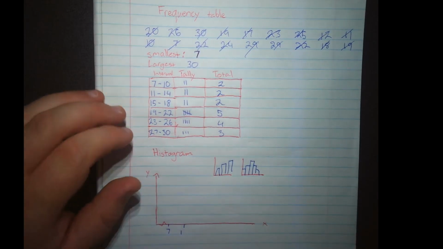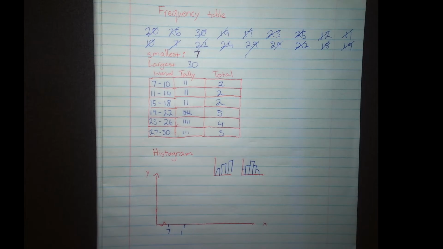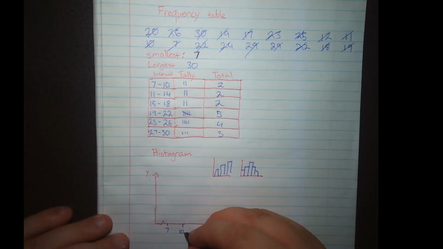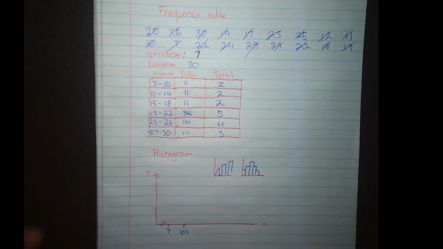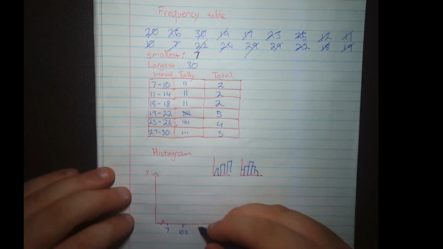The way that I've been doing it is going in between values here. So I might make these halves. So 10.5, so we can have above and below 10.5.